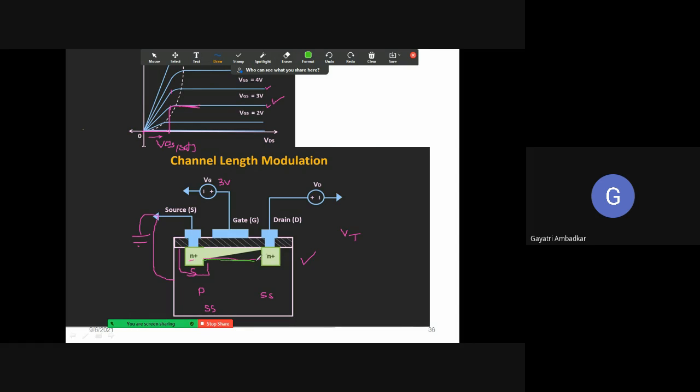Initially this was the channel formed, but then you are increasing VDS. So what is happening? The depletion layer at this side is increasing, so it will then become like this. You can see the green color portion here, black color portion here.